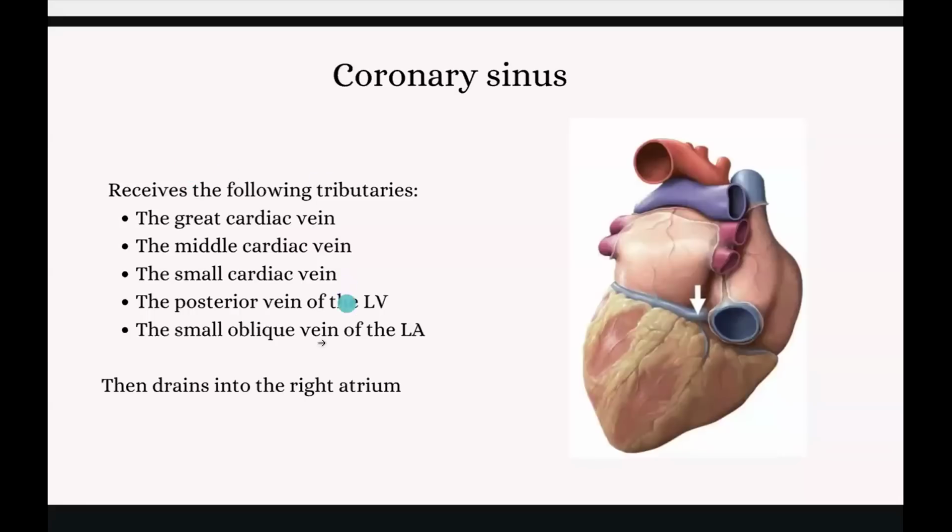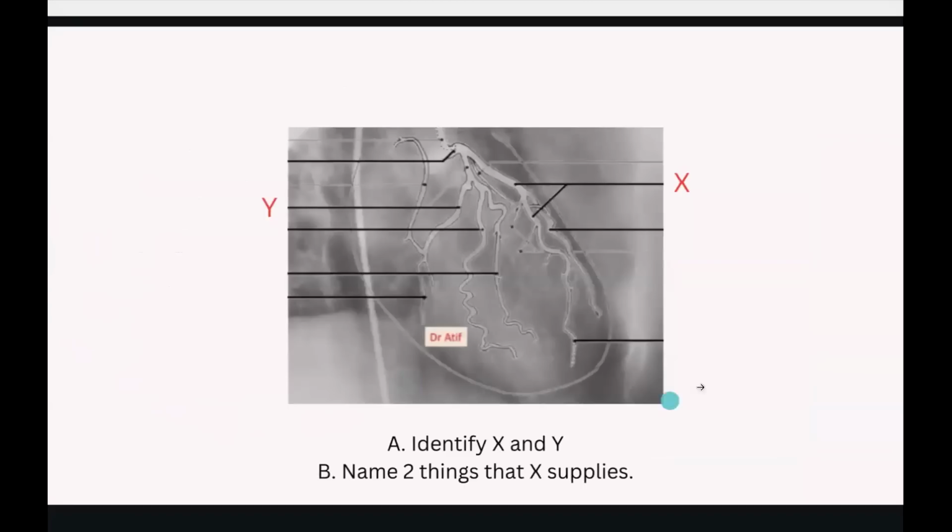Again, these are all of the tributaries that it drains: great, middle, and small cardiac vein, and then you have the posterior vein of the left ventricle and the small oblique vein of the left atrium. Just know these in case they ask you to name a few tributaries of the coronary sinus. They will probably definitely ask you to identify the coronary sinus. It's very commonly asked. And then they all just drain into the right atrium.